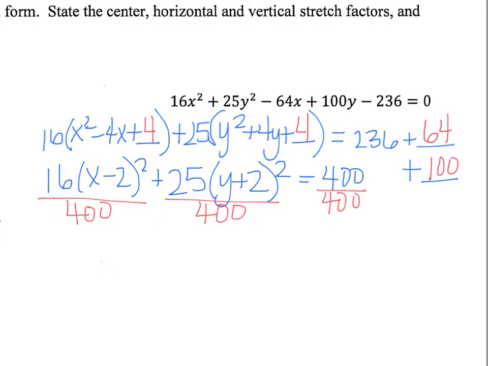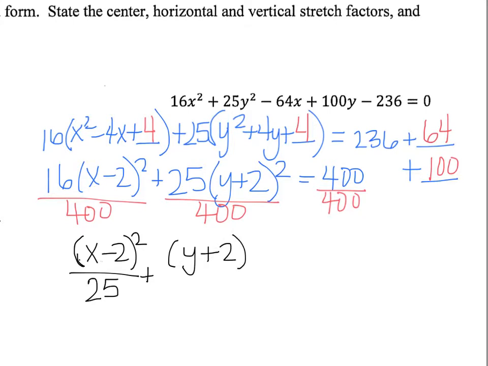Therefore, my standard form equation, x minus 2 squared over 25 plus y plus 2 squared over 16 is equal to 1. There's my equation. Standard form, the center, 2, negative 2.